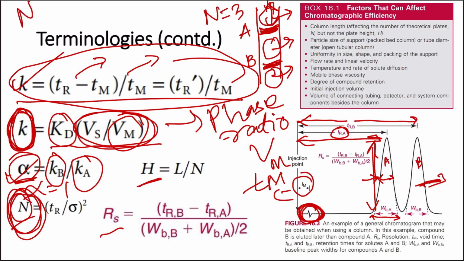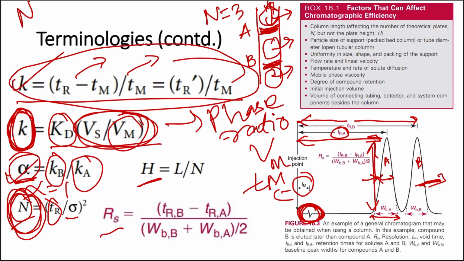N is found by TR, the retention time, divided by sigma, the whole squared. Sigma is the standard deviation of the baseline peak widths. This is one formula for N, and the larger N is, the more theoretical plates there are, and as a result the better the separation of the components.